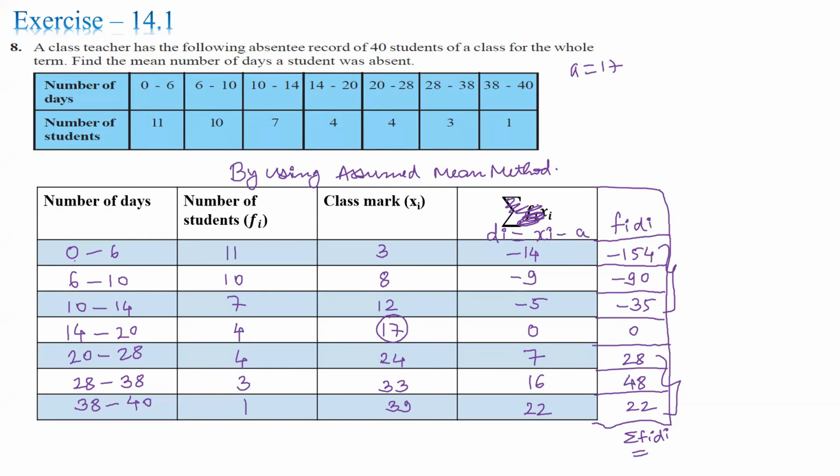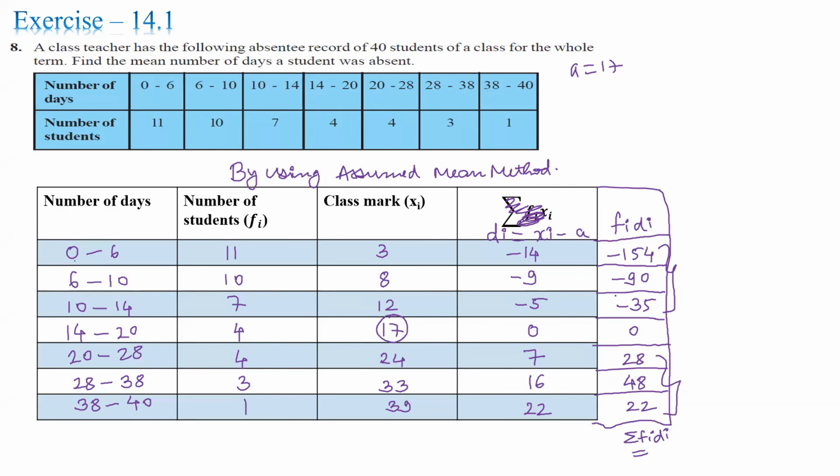Summation of fi di, how much is it coming? 28 plus 22, 50. 50 plus 48, 98. Okay, the sum of the positive values is coming 98.